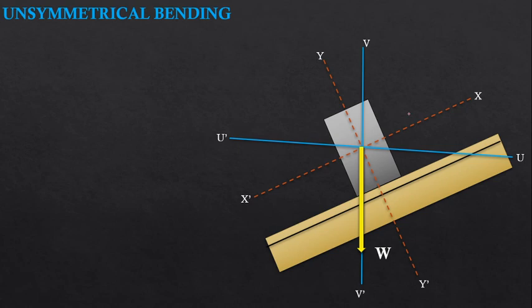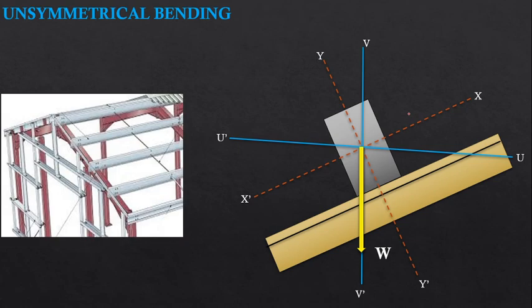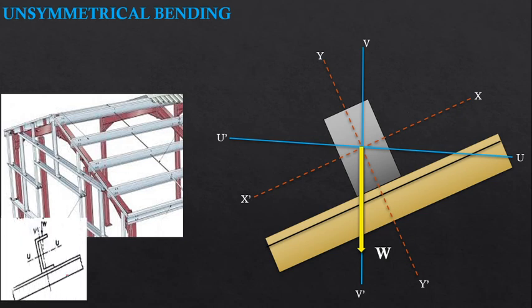We can see this phenomenon in a roof purlin. These are the rafters, and on the rafters the purlins are placed. The load acts in the direction of gravity, but the axis of symmetry is different from the load axis. So in a purlin there is also unsymmetrical bending.